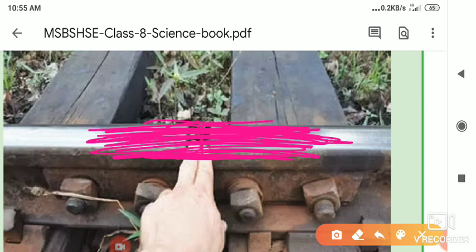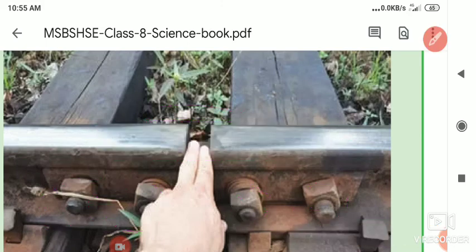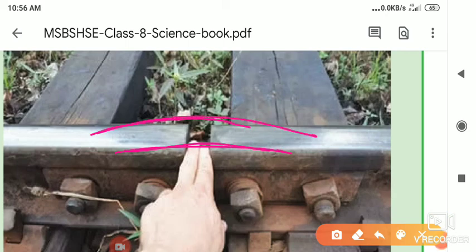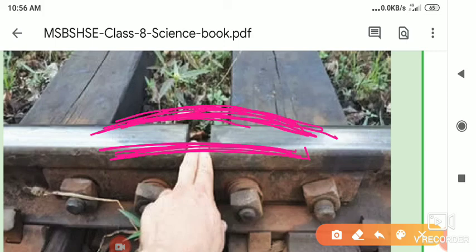These rails are fixed using nuts and bolts, and if space is not there, the rails will bend. Understood what I am trying to say? Due to this bending, a serious accident will take place, and the people on the train will face problems; some will die, some will get injured.